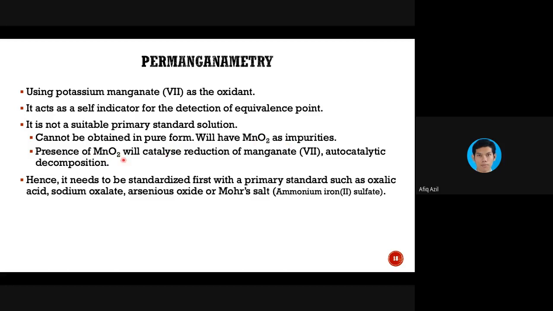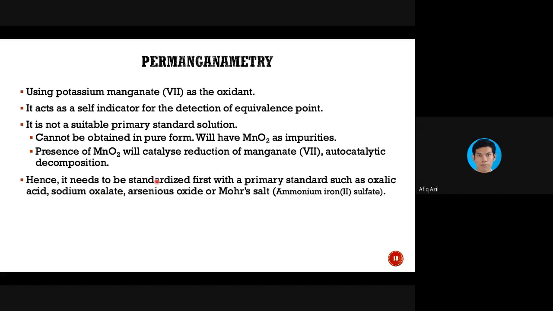This manganese oxide will catalyze the reduction of permanganate ion, which is this MnO4, okay, what we call autocatalytic decomposition. So that means even without the addition of the reducing agent, your potassium permanganate might reduce itself. Okay, this is what we call autocatalytic decomposition due to the presence of these manganese oxides.